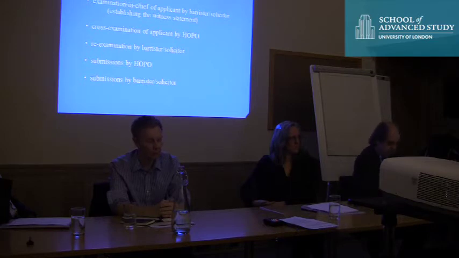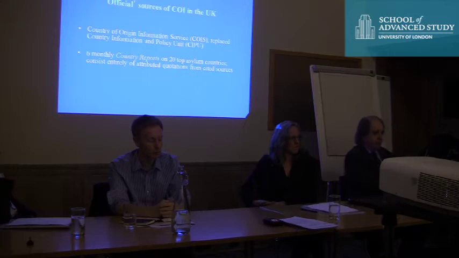The official source of COI in the United Kingdom is the Country of Origin Information Service, replacing its predecessor CIPU, the Country Information and Policy Unit. It produces country reports at roughly six-monthly intervals on the top 20 or so asylum countries of origin.